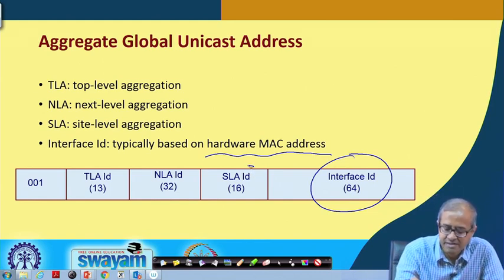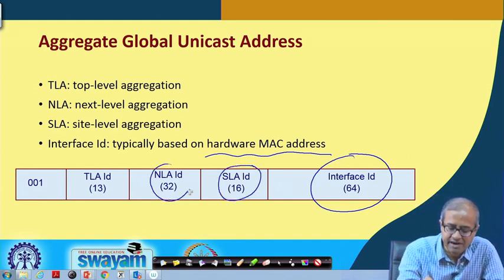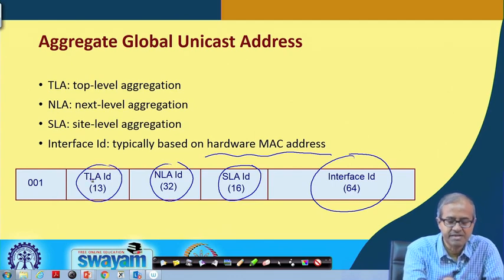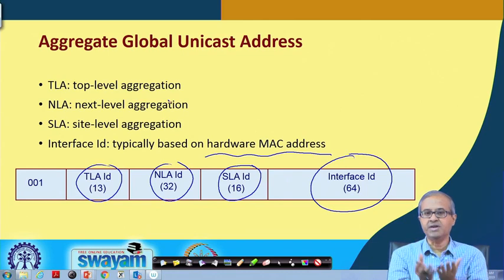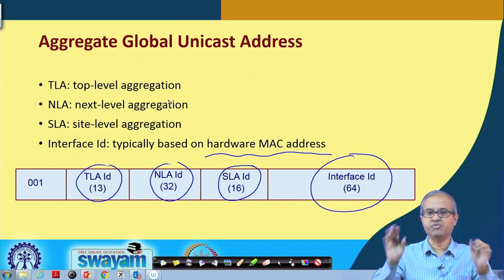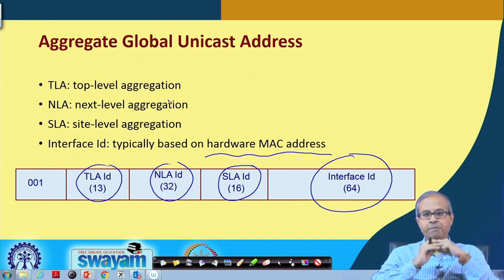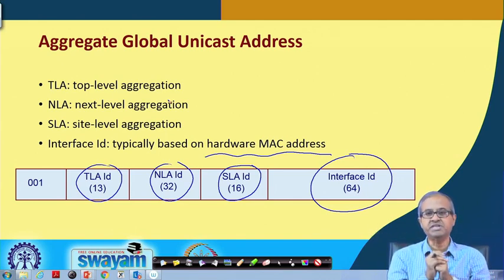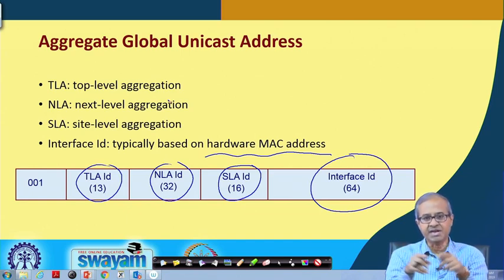And there are several other hierarchical fields: site level aggregation, next level aggregation, top level aggregation. What this means may depend from one place to another. At the top level, it may indicate the country the network belongs to. The next level may indicate which internet service provider within that country is providing you the connection.